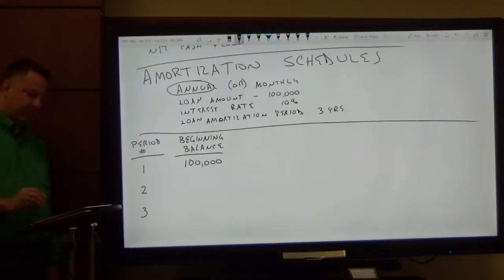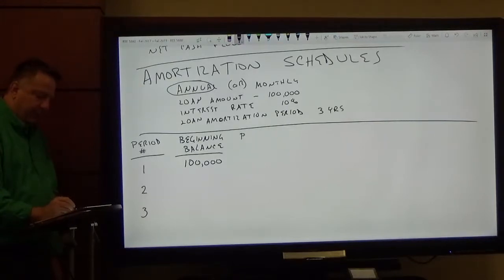Okay? Then what we're going to do is compute the payment amount, which we'll do here in a second on the calculator.